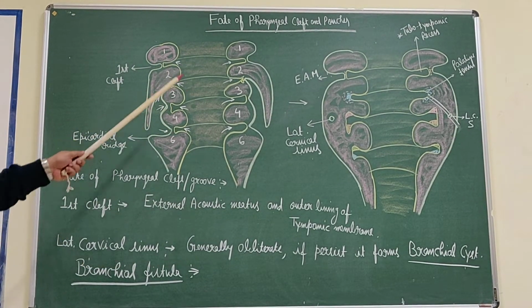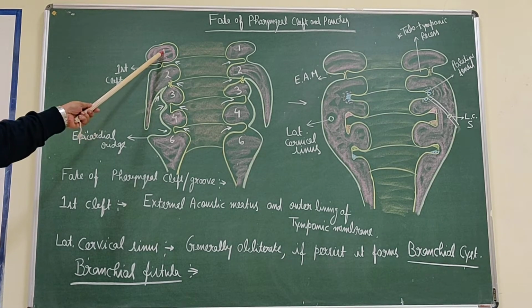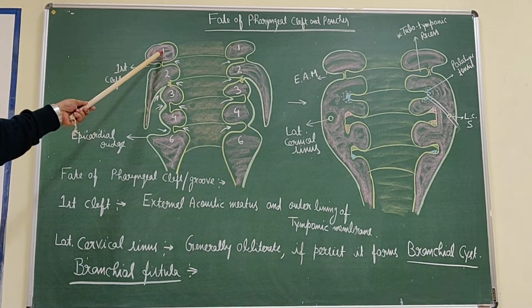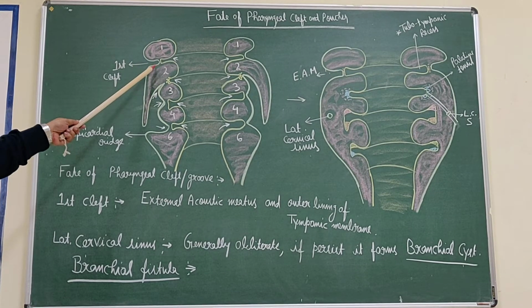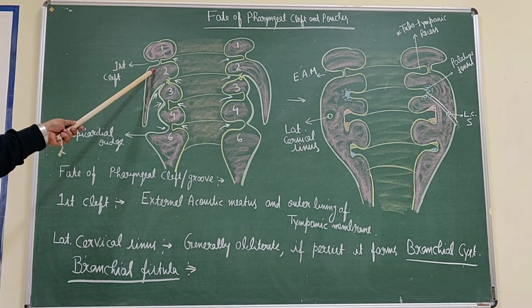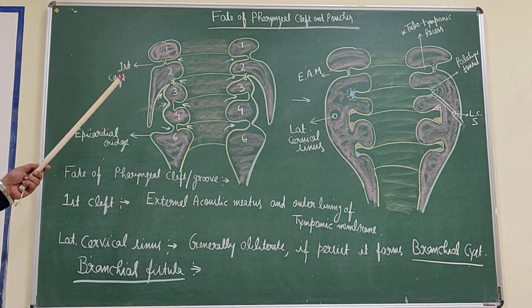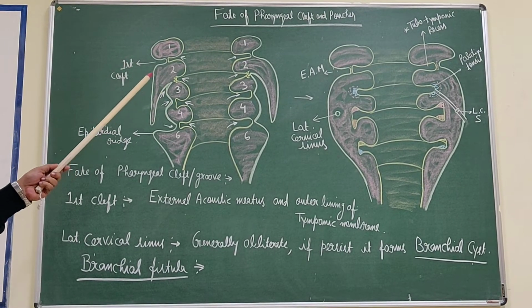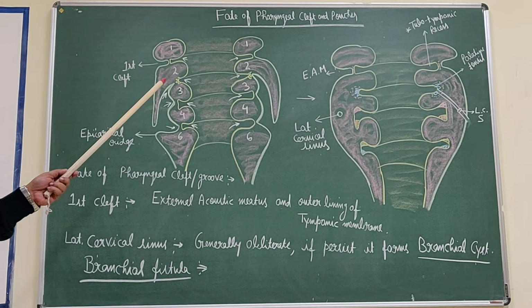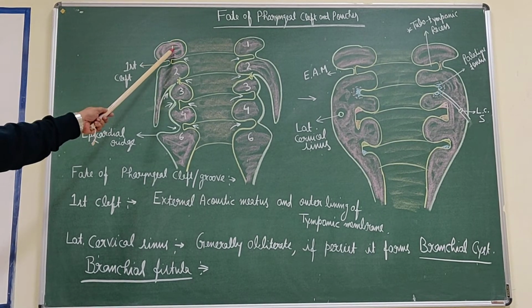These arches are formed by the condensation of the mesenchyme. This mesenchyme is derived from the paraxial mesoderm, lateral plate mesoderm, and from the neural crests.